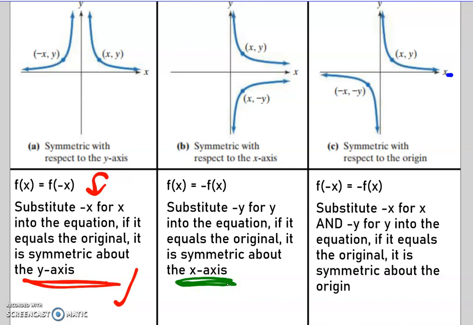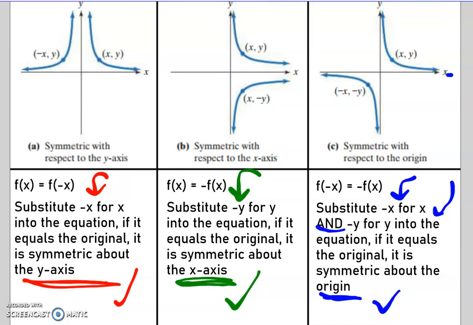I need to substitute a negative y in for my y, simplify it, and if it equals the original, it's symmetric about the x-axis. Okay? And if I want to determine something is symmetric about the origin, I need to substitute a negative x in for x and a negative y in for y. Two things there. And then if it's equal to the original, I'll know it's symmetric about the origin.